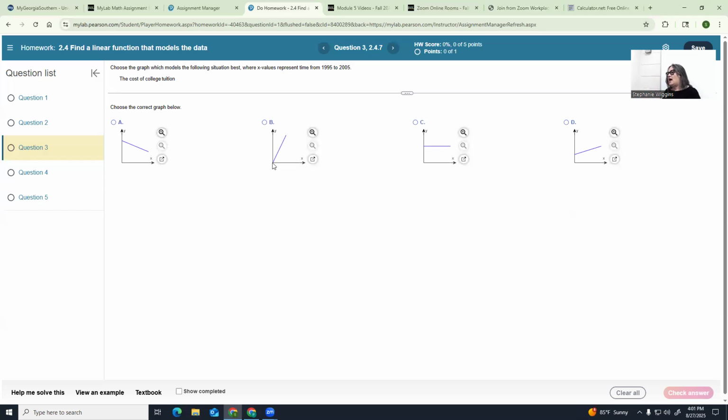And that means when time is 0, tuition is 0. And for our graph, it represents time from 1995 to 2005, and I really doubt that in 1995 college tuition was 0. So I'm going to rule out B, and that leaves D as the correct choice.